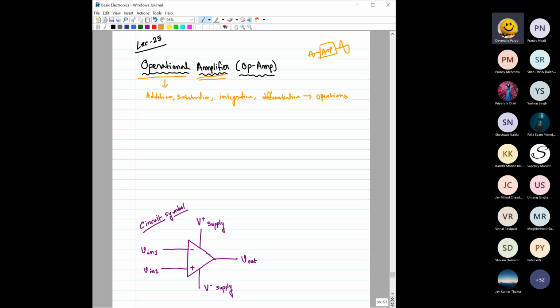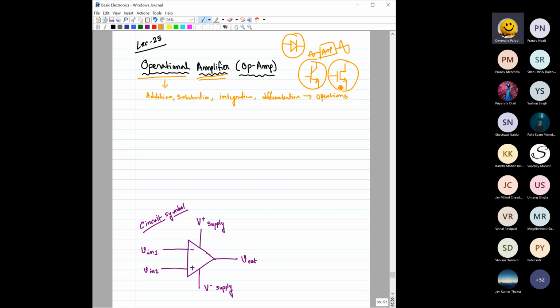And this operational amplifier is actually not a single device. We have studied the bipolar junction transistor, and before that a two-terminal device like the diode, and till our last class we also studied another device, the MOSFET. So far we have studied these different devices and their circuits.